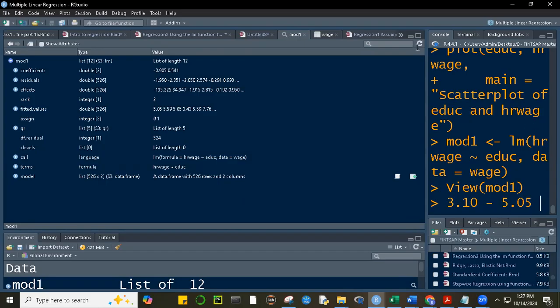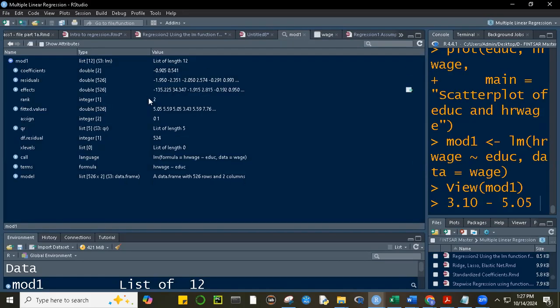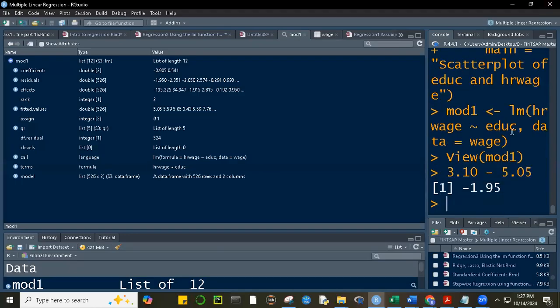So the actual value is 3.10 and the predicted value is 5.05. If I run this, I get the difference between the actual minus the predicted, control enter, negative 1.95. This is your residual, your error term. We're comparing the actual minus the predicted, and it's negative 1.95. You can see that here in the residuals, negative 1.95.